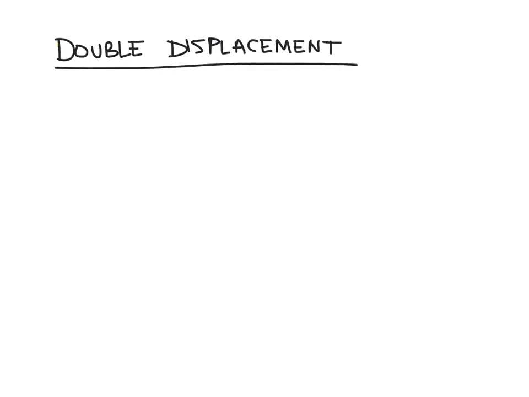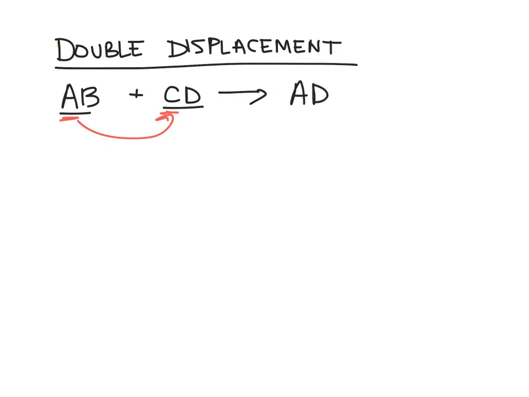There was an old TV show that used to be called Wife Swap, and you basically have two compounds, A plus B, and another compound, C plus D. Sorry, let me change that. The positive ions are going to switch spots. Okay, so the positive ion A and C are going to swap. And what you get at the other side is AD plus CB.